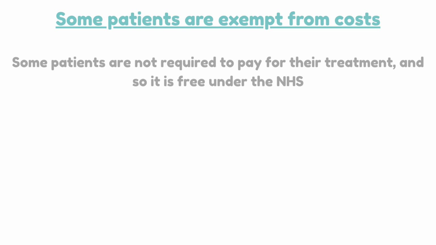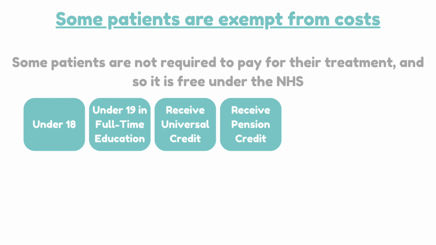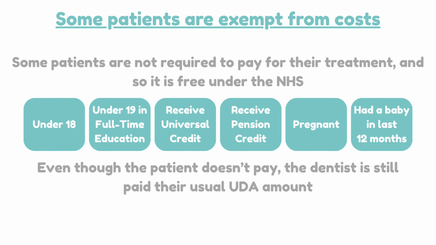Now some examples, not all of them, but some examples of people that will be exempt from NHS prices are people under 18, or people under 19 in full-time education, people who receive universal credit, so a lot of benefits make people exempt, people that receive pension credit, women who are pregnant, or women who have had a baby in the last 12 months. Now again, it's a very common misconception, so I'm just going to mention it. Even though the patient doesn't pay, the dentist is still paid their usual UDA amount.